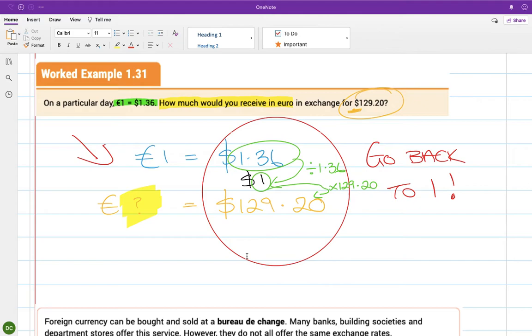So I just apply that on this side. I divide by 1.36 and I multiply by 129.20. Okay, so you do the sum on the left. The sum on the left is 1 divided by 1.36 multiplied by 129.20.